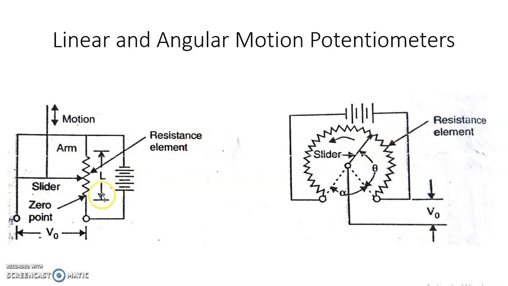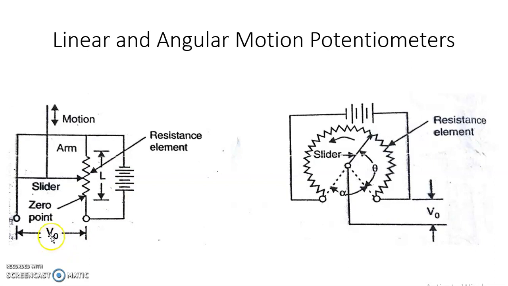In case of linear motion potentiometer, there is a variable resistance element to which a slider is connected. The slider can move through this resistance. Across this resistance element there is a battery connected, and there is V0.